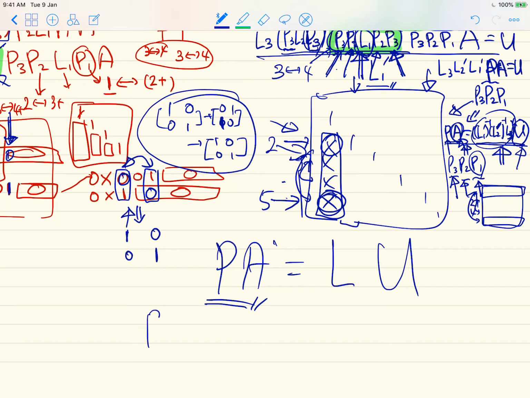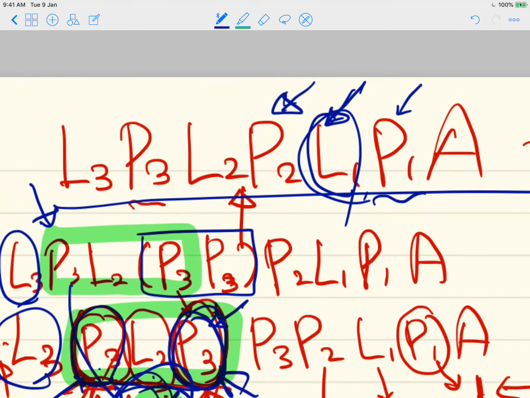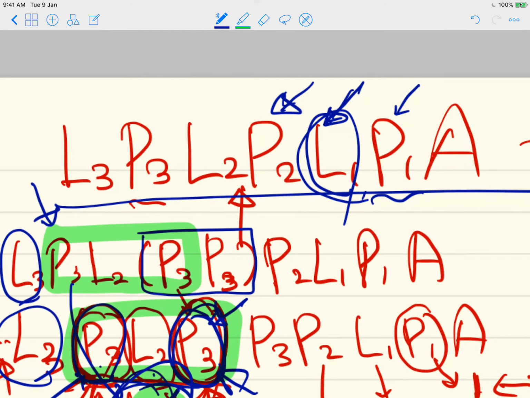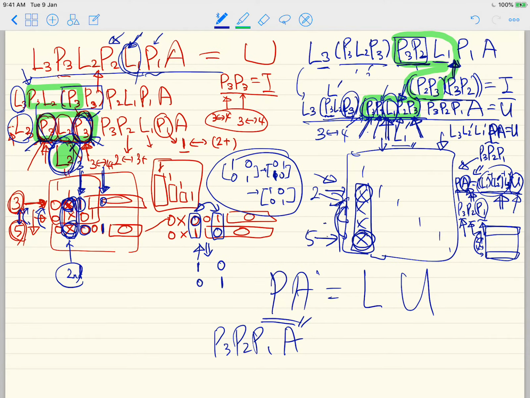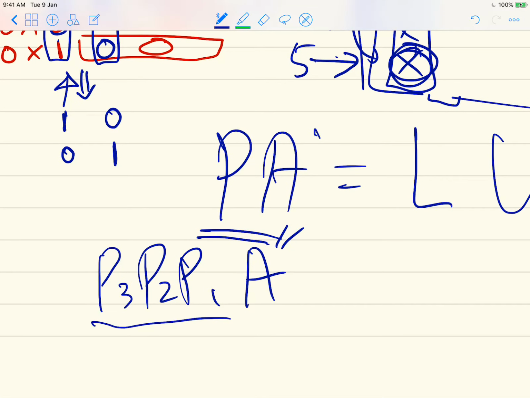In this case, it's like P3, P2, P1, and A. So it's just a sequential application of this row permutation of matrix A. We just interchange those rows, which was identified through the actual algorithm, to identify the maximum element and move it to the top. And then we just collect those permutation matrices and apply them in this order.